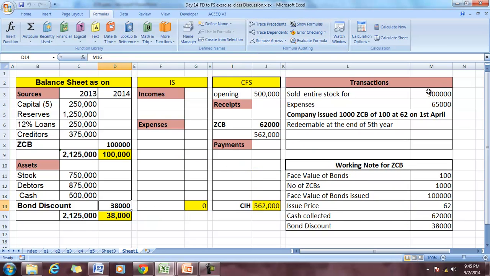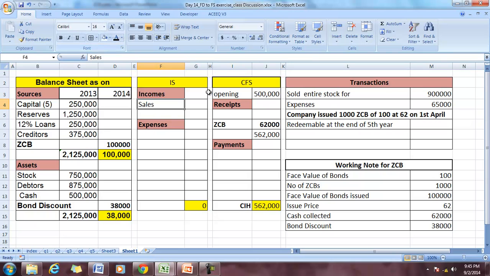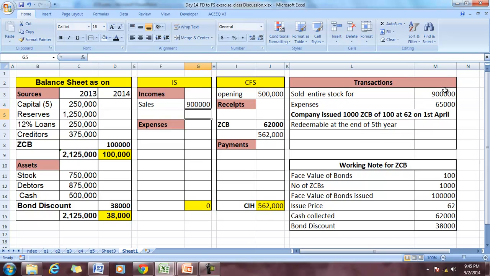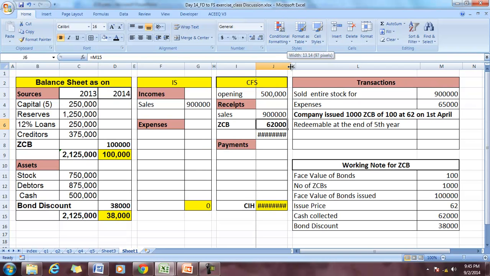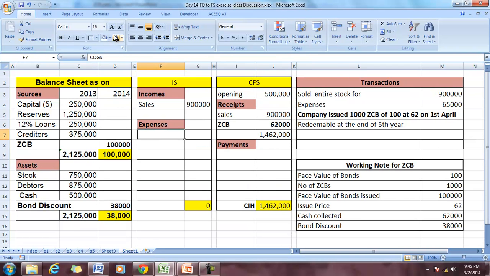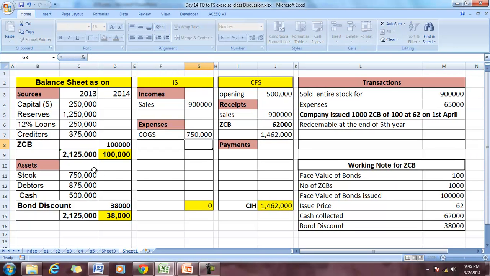Let us complete the other transactions. The sales during the period is 900,000, sold entire stock. Let us assume that it is for cash. So entire sales is for cash, and the corresponding cost of goods sold is equal to 750,000, and the stock will become zero.